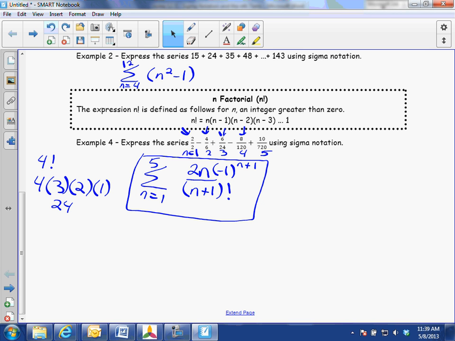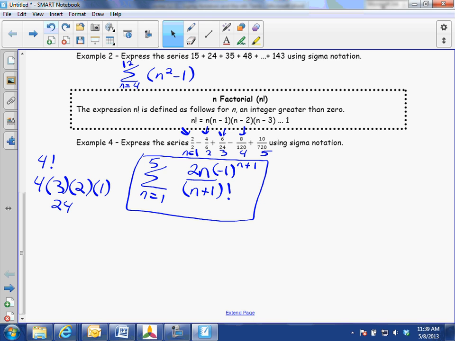Most of the equations are complex. If you have a negative, positive pattern, you're always going to have negative 1 to something power to get it from negative to positive. I would always start with this: the power of n plus 1, or the power of n minus 1, something like that.